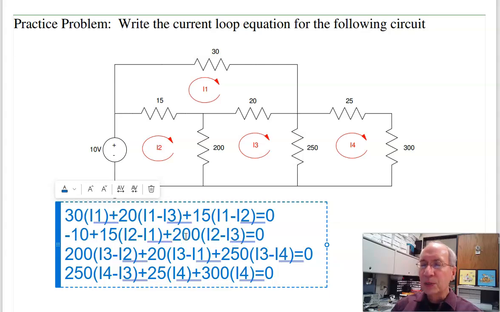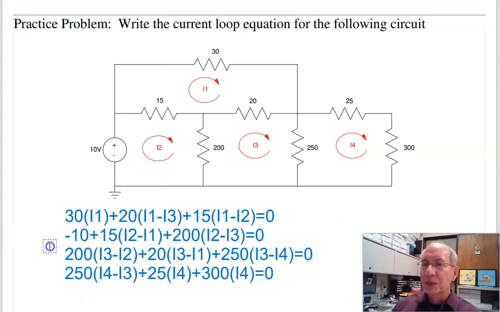I need that 200 ohms. If I had this, that's a problem. Volts plus ohms, that's nonsense. I need to have the same unit for the equations to make sense. Quick way to check your answers.